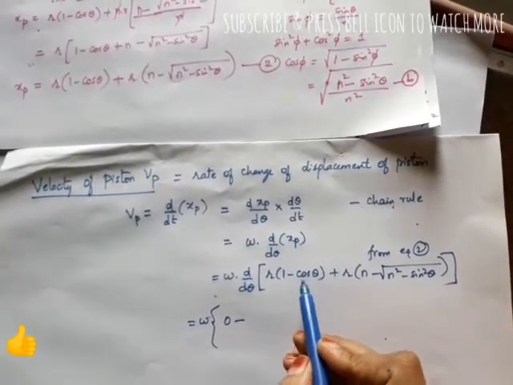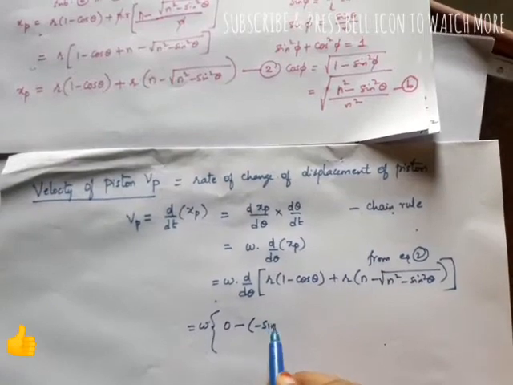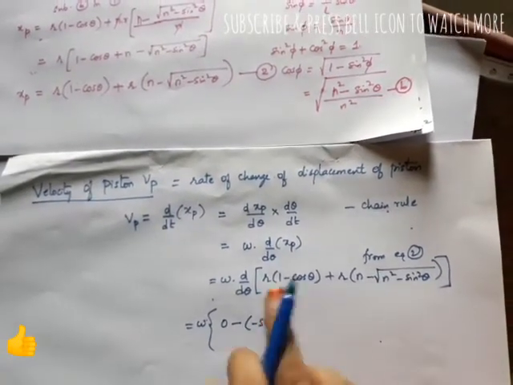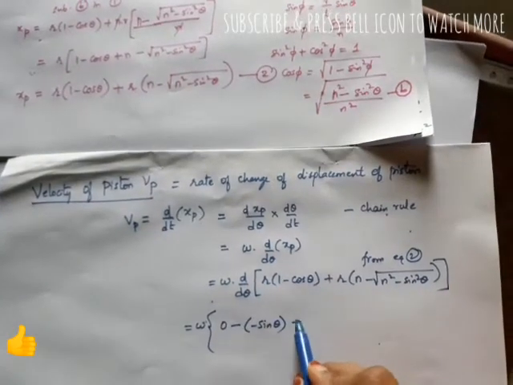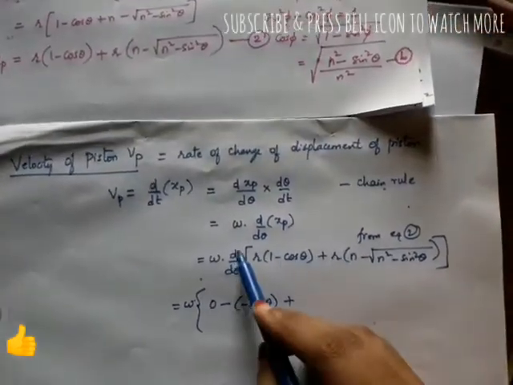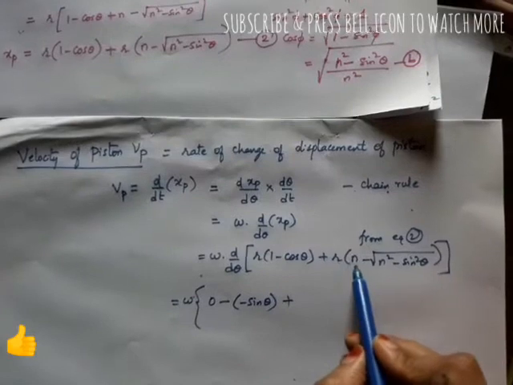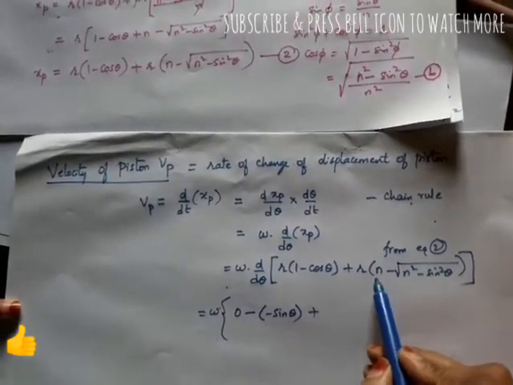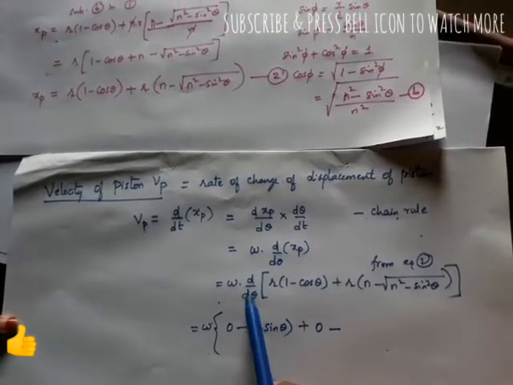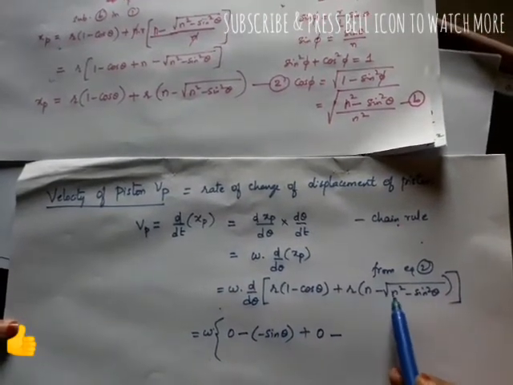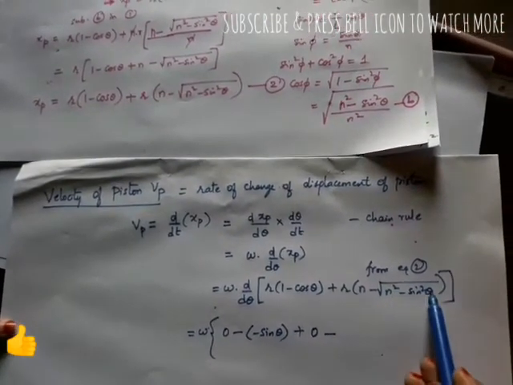D by d theta of cos theta is minus sin theta. So this term's differentiation with respect to theta is over. Plus, coming to the second, d by d theta of r into n: both of them are constant, so that is also again 0. We have a minus here, put it here.